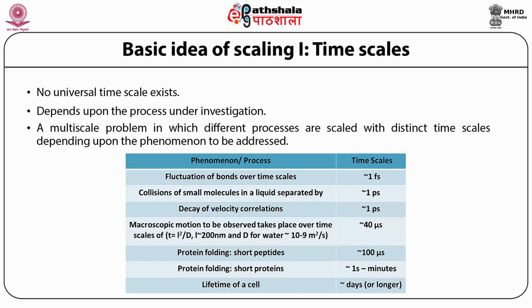Macroscopic motion takes place over time scales of around 40 microseconds. Protein folding of short peptides is around 100 microseconds. Protein folding of short proteins is around 1 second, and the lifetime of a cell is around 2 minutes to days or longer.